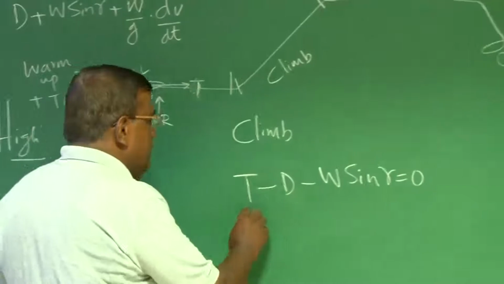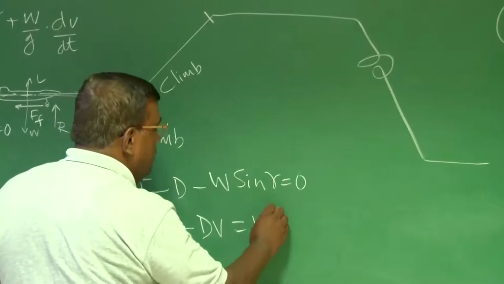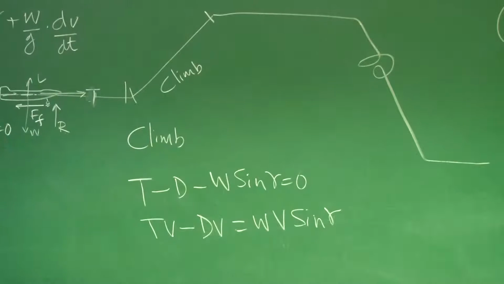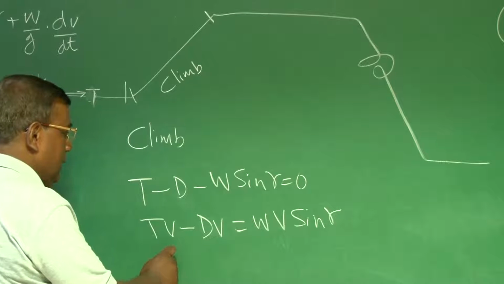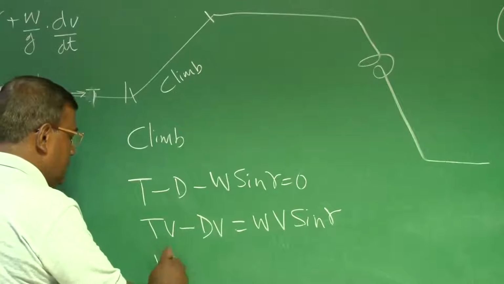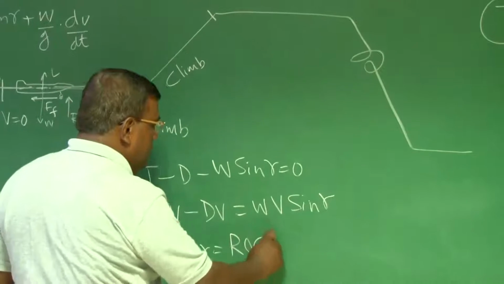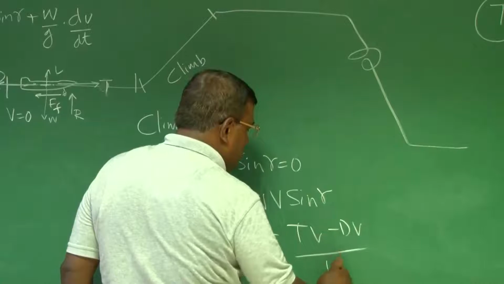We multiply both sides by V, so we get TV minus DV is equal to WV sine gamma. And here you find that V sine gamma, which is nothing but rate of climb, is given as (TV minus DV) by W.